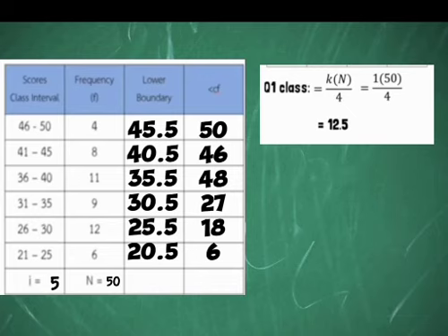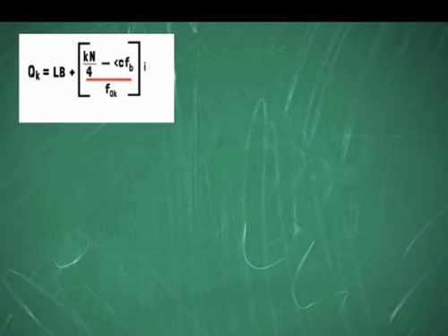After we determine our Q sub 1 class, we will now use our formula for the quartile for group data, which is Q sub k is equal to lower boundary plus the quantity k times n divided by 4 minus less than cumulative frequency below divided by the frequency times the interval.